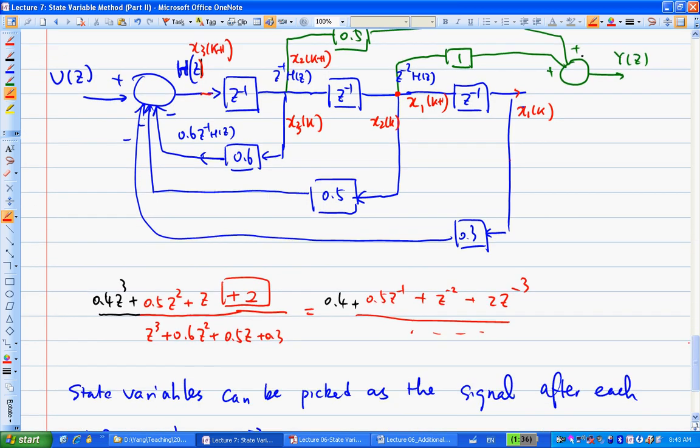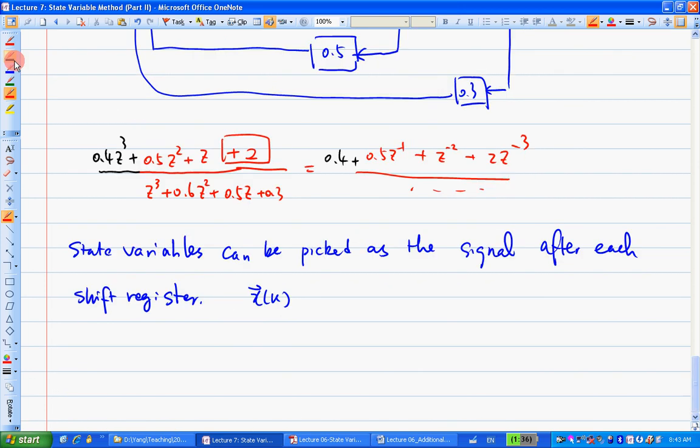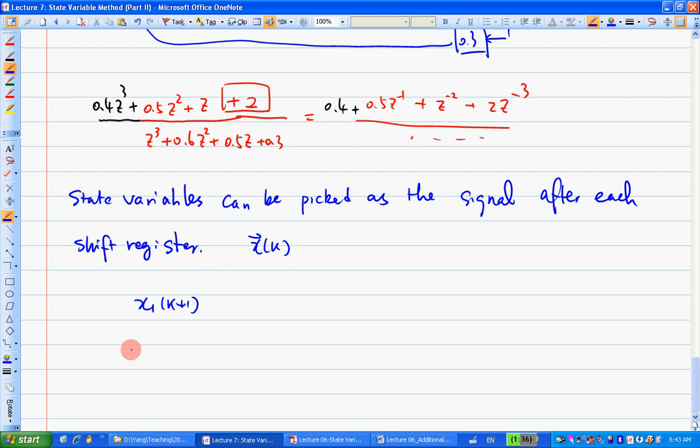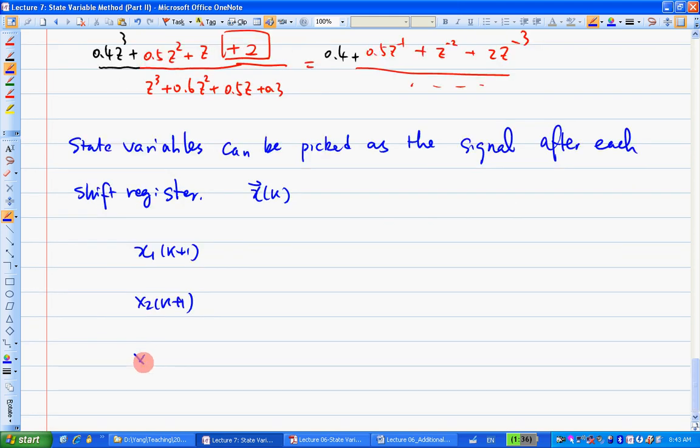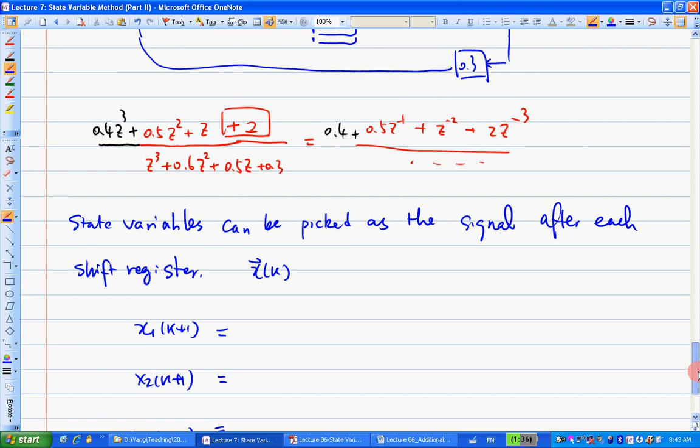Okay, so based on the simple observation, your objective is to derive x of k plus 1 here, and express all of them in terms of x of k. That's actually pretty easy.